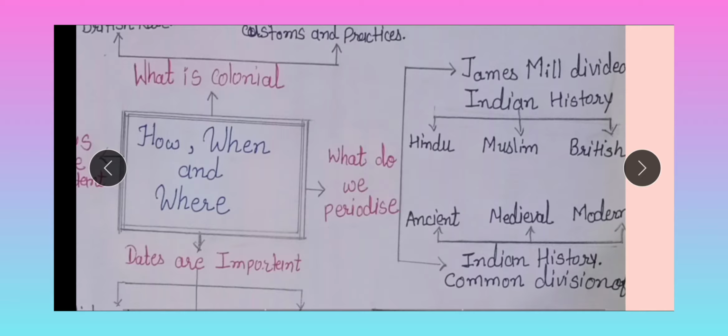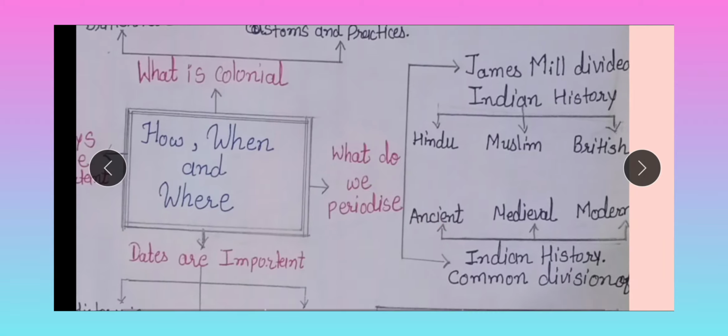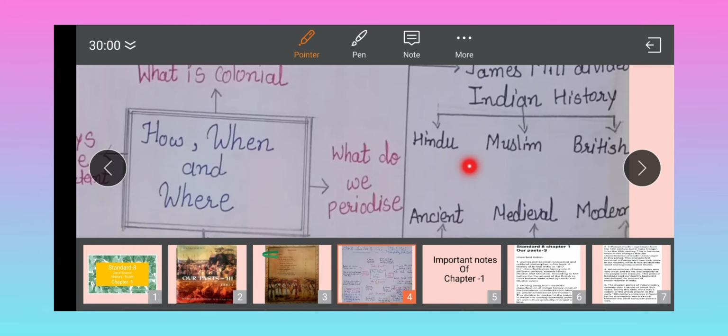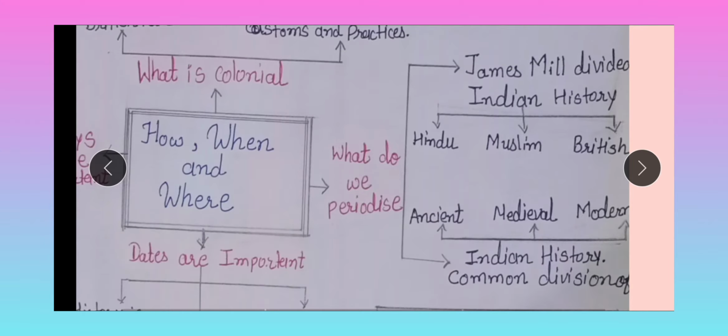Next, Indian history is commonly divided into three parts: first ancient, second medieval, and third modern. Ancient history means the period of Vedic Kal and that era, up to King Harshvardhana.